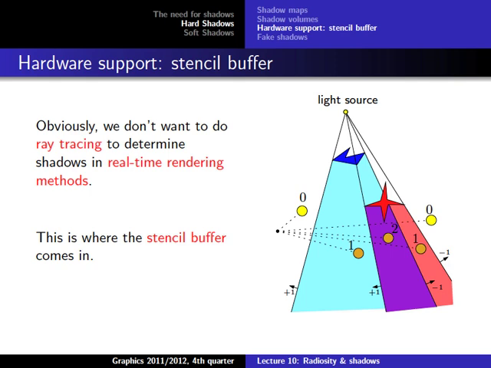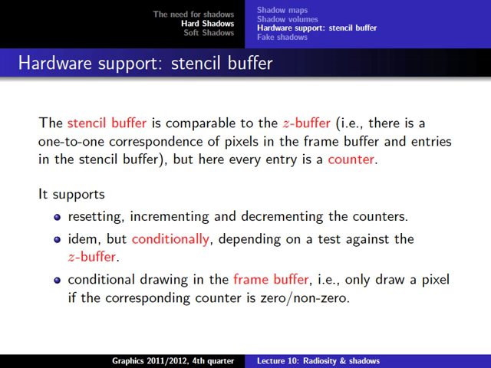But fortunately there is hardware support for it, which is called the stencil buffer, and it is very similar to the Z buffer, only that it supports different operations. First of all, it doesn't store a distance value like the Z buffer, but it stores the counter that we have. The operations are modifying this counter by resetting, incrementing, and decrementing it.